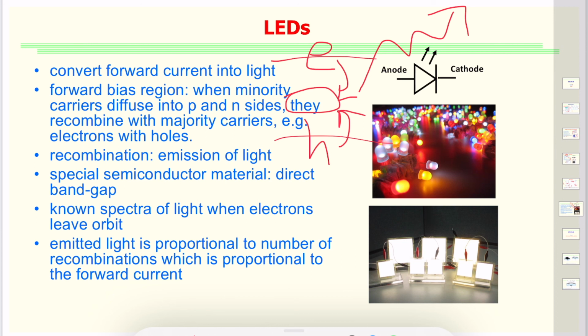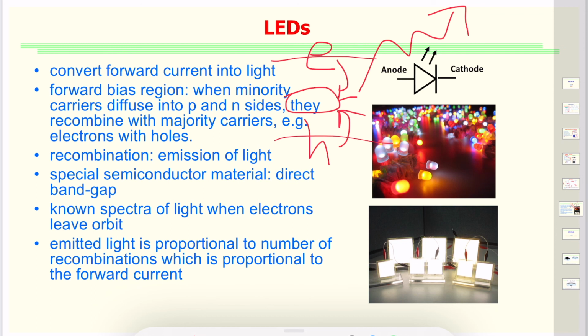We use series resistors with them because with that we can control the IV relationship to deviate from the exponential behavior. Then we can control their intensity by changing the current in forward bias. When we connect them to a voltage source, we can have many of them and control them without burning them.